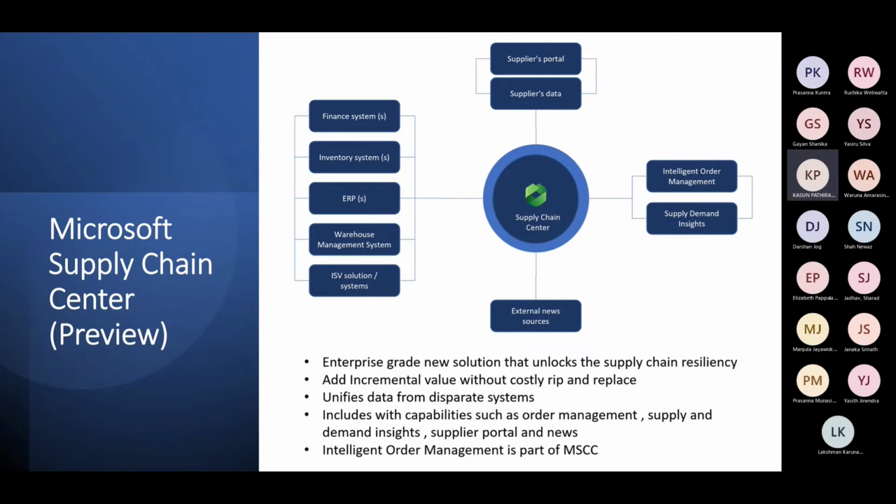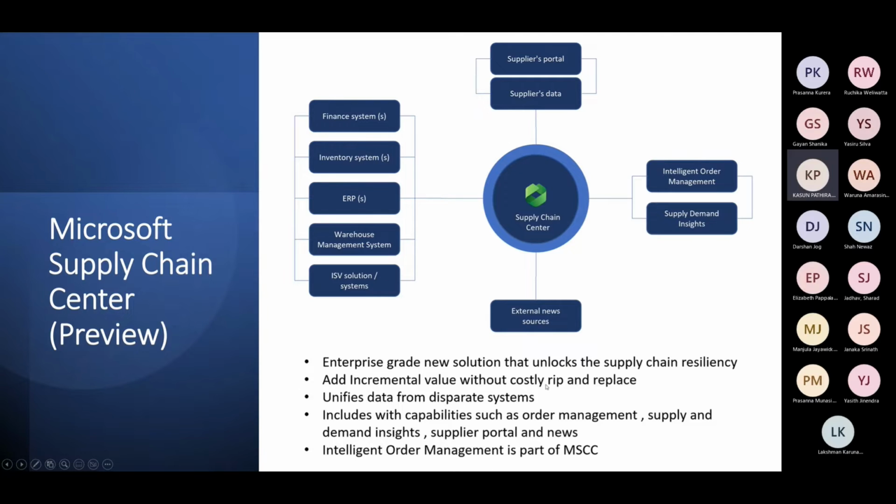So basically, if you look at the Microsoft Supply Chain Center, what are the capabilities? There might be some finance systems, inventory systems, or ERPs, warehouse management systems, or ISV solution systems, which would help to extend the supply chain center. Or you might have an existing ERP which you don't want to repeat.